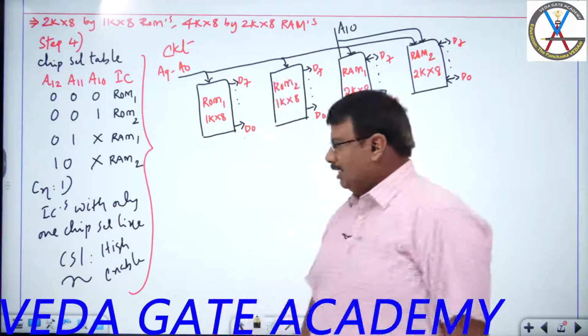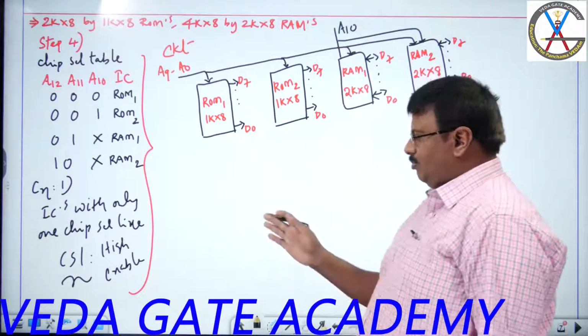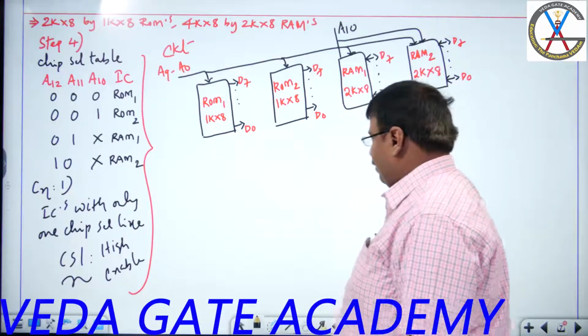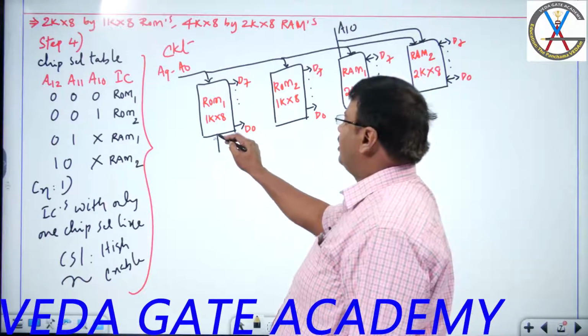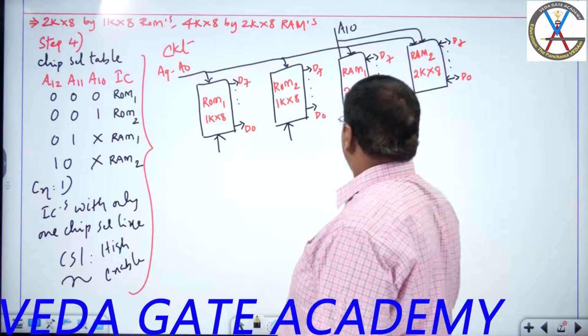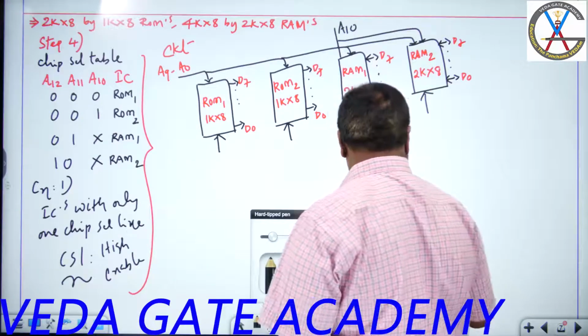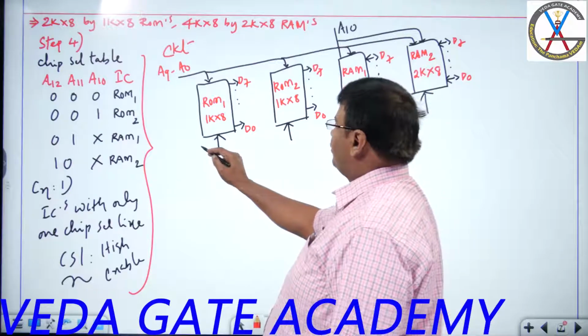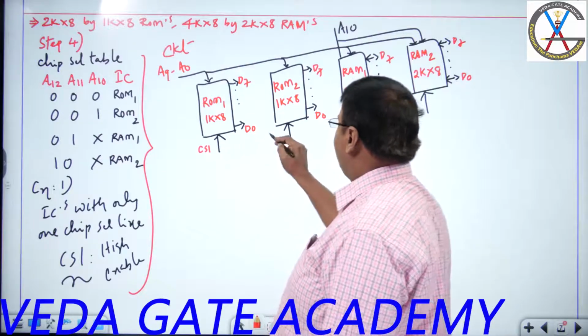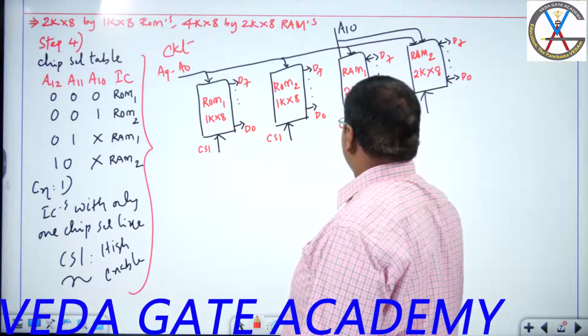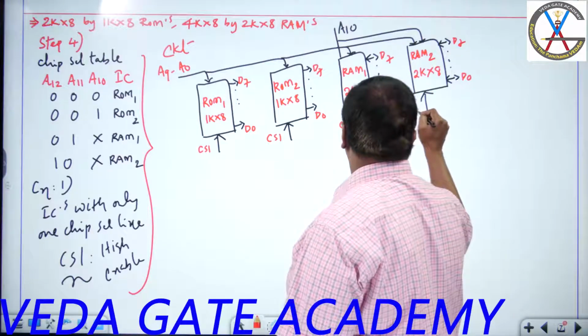I repeat, ICs with only one chip select line, assume CS1, high enable. So this is how my select line, CS1. What does that require? Obviously a high signal, right? So CS1, high enable, needs logic 1 to enable it.